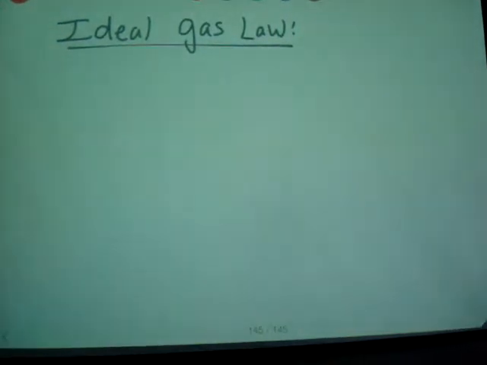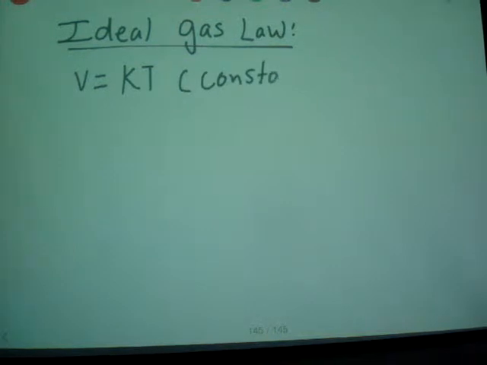Ideal gas law. Let's go over all three laws that we learned. We know that V equals KT, and that's at constant pressure and number of moles of gas.